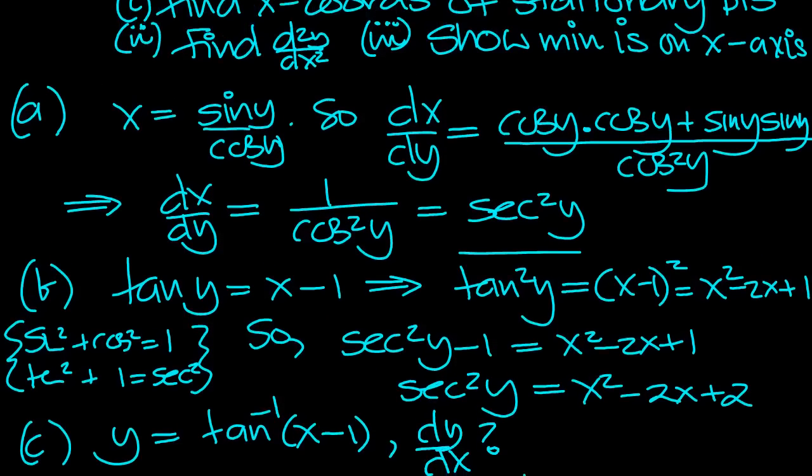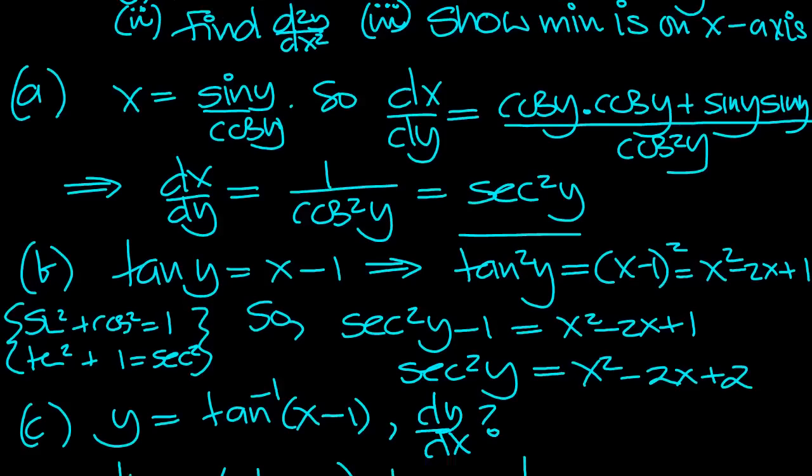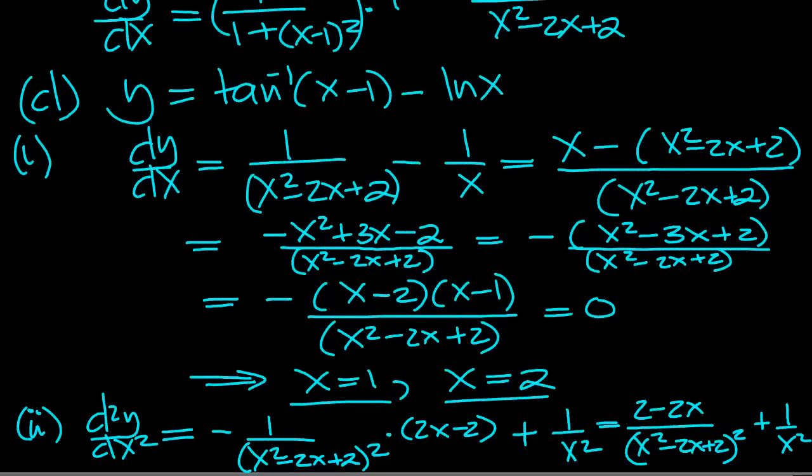Show that it is a minimum and it's on the x-axis. One of these is a minimum, so when x is, okay, so which one are we going to take? So I'm going to scratch this little section and work just above now.